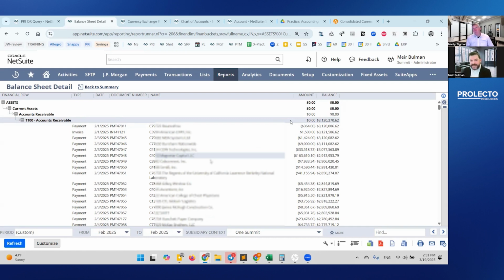Exactly. And really, current rate accounts are only on the balance sheet. You don't see these on the income statement accounts. No, that would typically be balance sheet, at most asset accounts, liability accounts. Okay. So that's another report that you've crafted that is available in that query renderer tool.